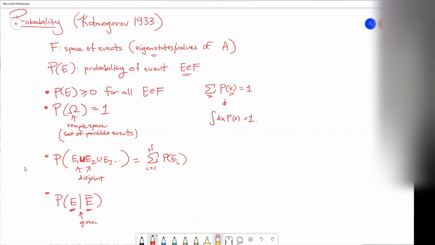It could be some other measurement that you already did on the system, and you found some given outcome. Now you want to know the probability of finding another outcome. The probability of that is given by the probability that both events happened.